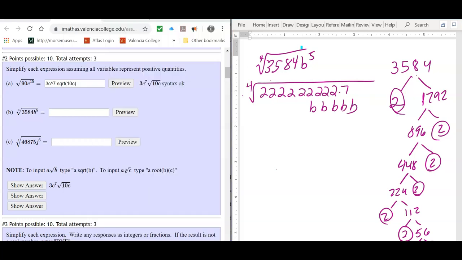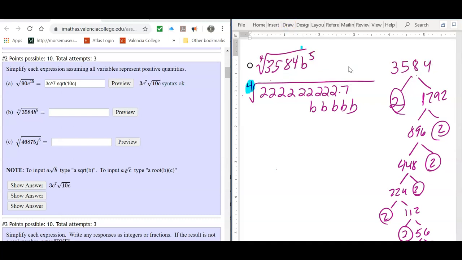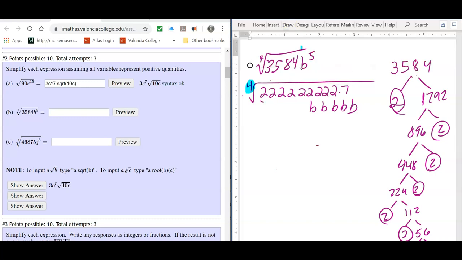Now I'm going to look for groups of 4. And the reason I do 4 is because this little index is a 4. So I'm going to look for groups of 4. Here's a group of 4. Here's a group of 4. And here's a group of 4. 4 of the same kind. All right, so what's left underneath the radical?